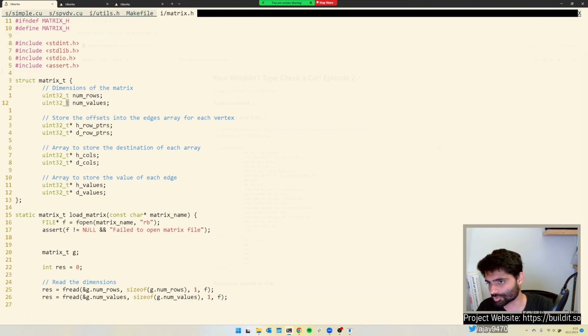And then for each of those rows, I have this array. The way CSR is represented is using three arrays. The first array is what we call the row_ptr, then we have the columns array, and then we have the values array. So let's take a simple example of a 4 by 4 matrix, which has rows 0, 1, 2, 3.